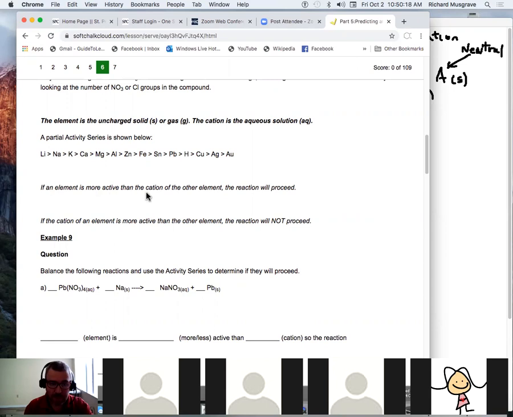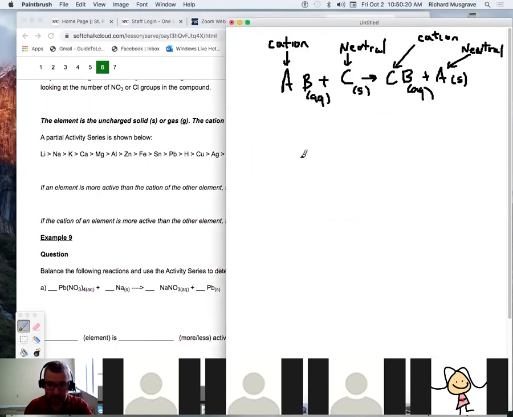If an element is more active than the cation of the other element, in other words, in this case, to say that if C, which is the neutral one, is more active than A, then the reaction will proceed.